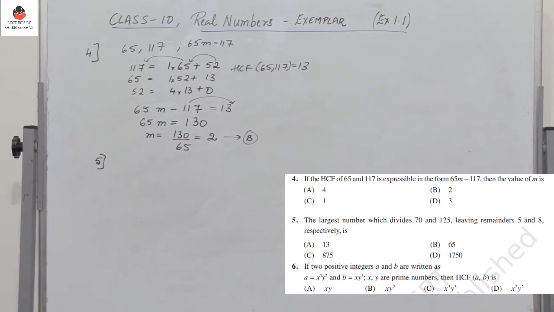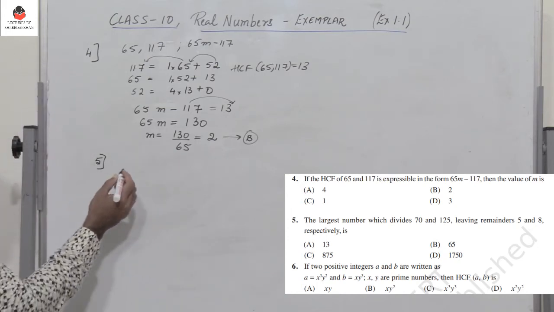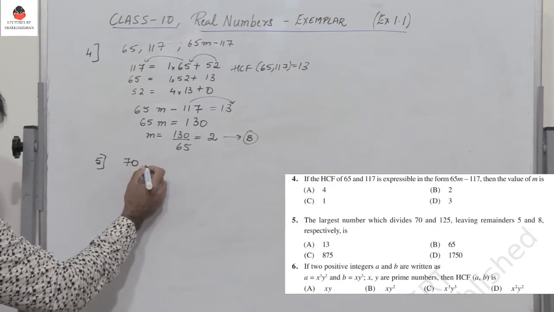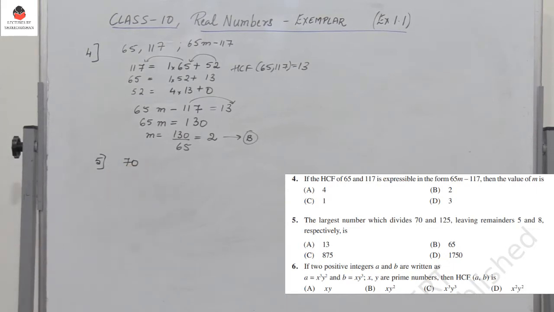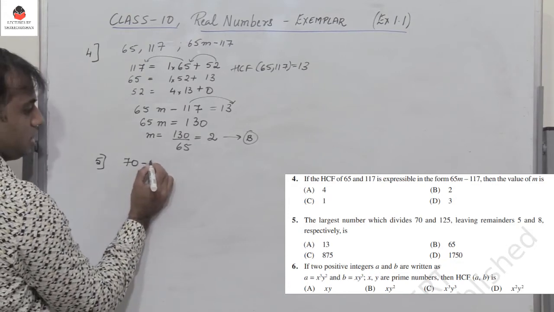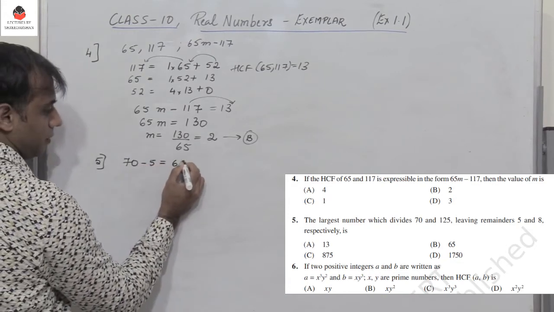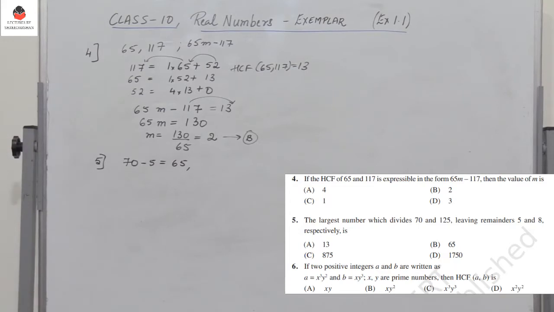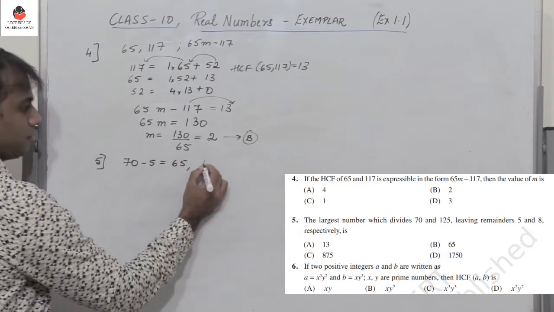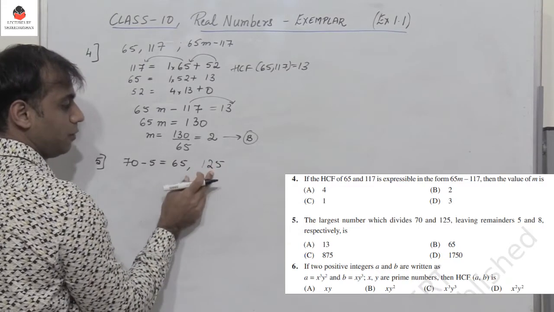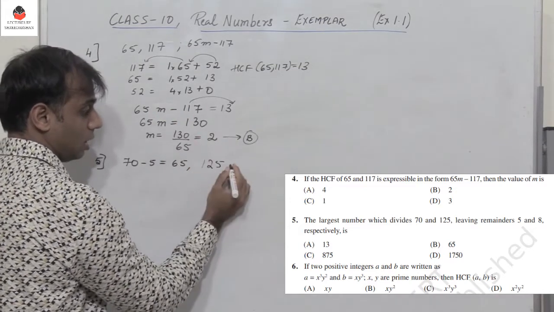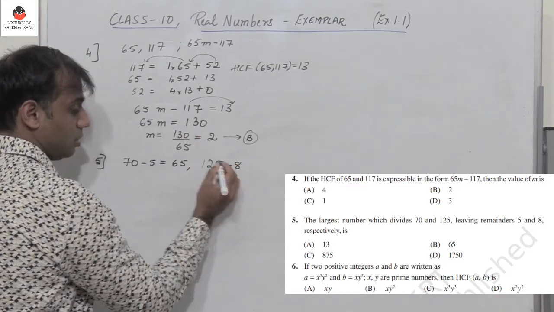Now problem 5. The largest number which divides 70 and 125, leaving remainders 5 and 8 respectively is. So I have 70 and then the remainder is 5. So the number is 70 minus 5, which is 65 here. Now similarly the other number is 125, and when I divide 125 by the largest number, you get a remainder 8.